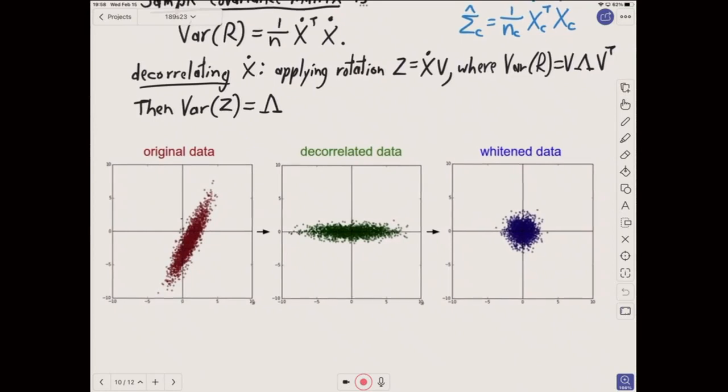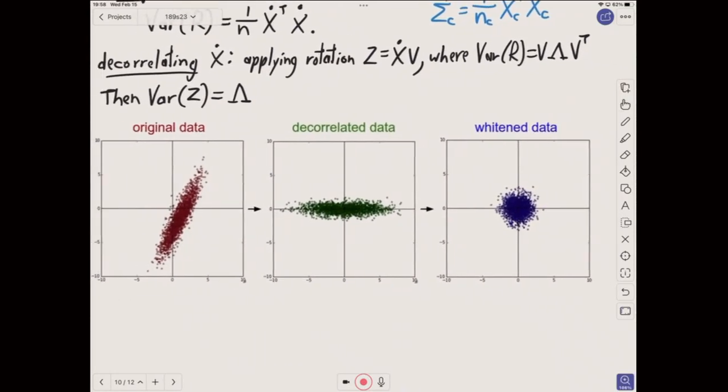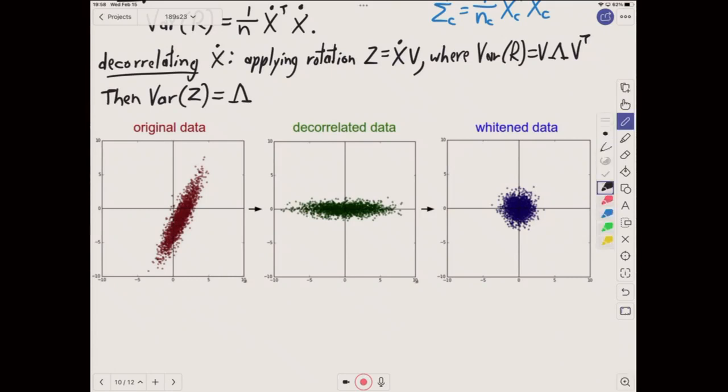Decorrelating, essentially, is going from the figure on the left to the figure in the middle. That's decorrelating. Well, there's two steps here, actually: centering the data and then rotating the data so that it's axis aligned.